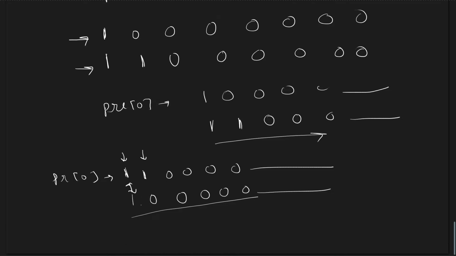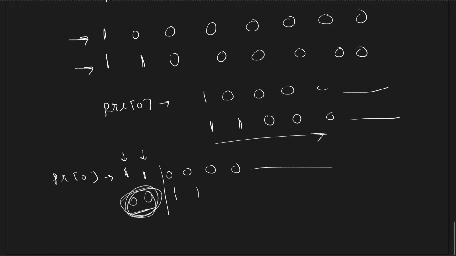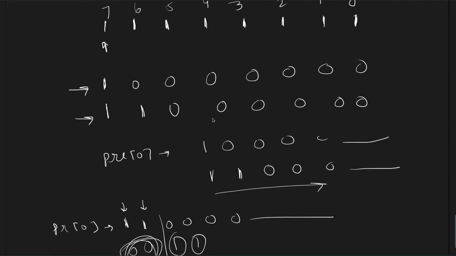So obviously I would want to look for an element which does not have this bit set, or even if it has this bit set, I would want the rest of the bits to be maximum. It can be something like this, or something like this. I don't care about these two bits anymore because I already have them set in my answer. But what I do care about are the remaining bits, which were 0 earlier, right?